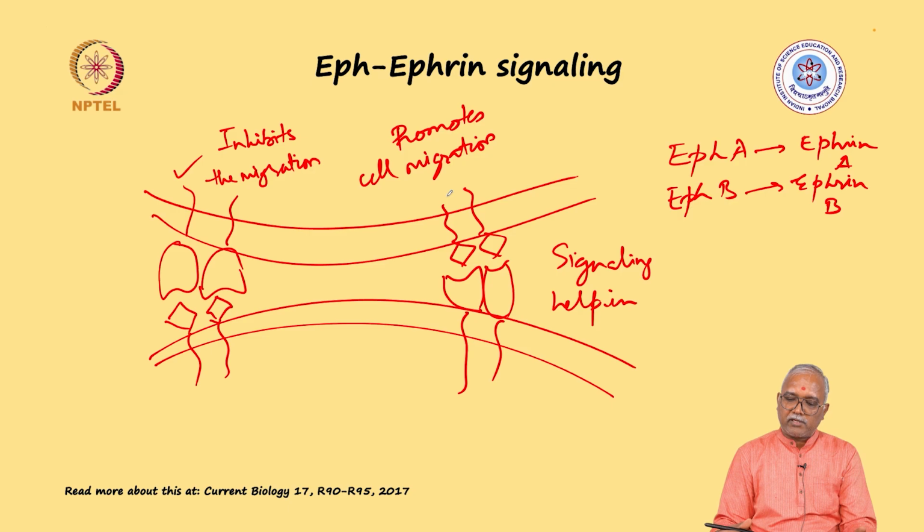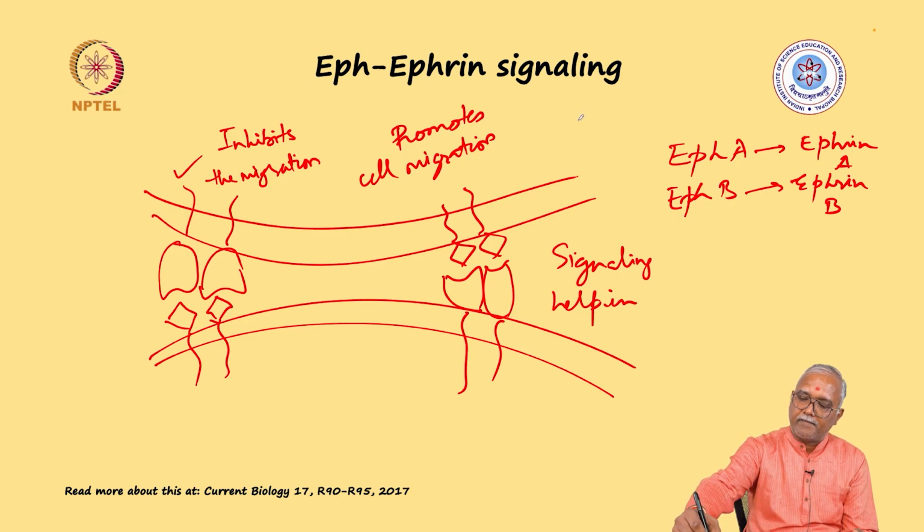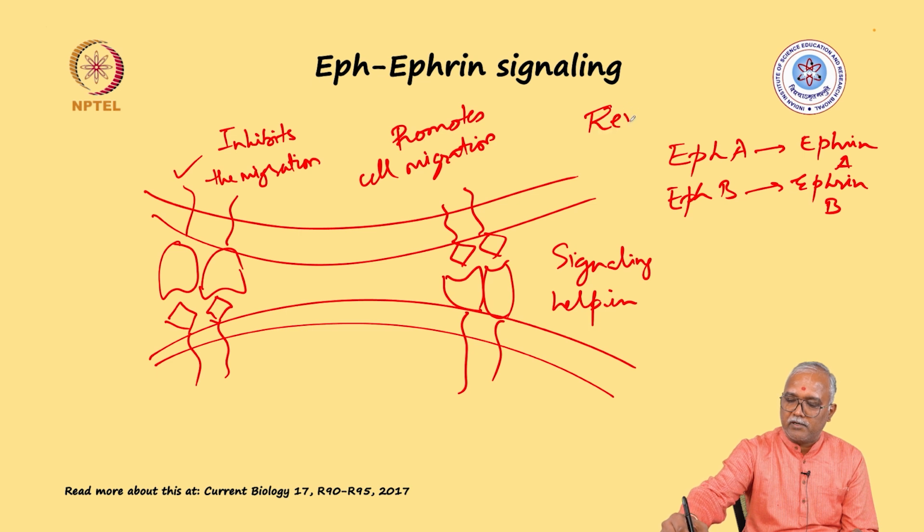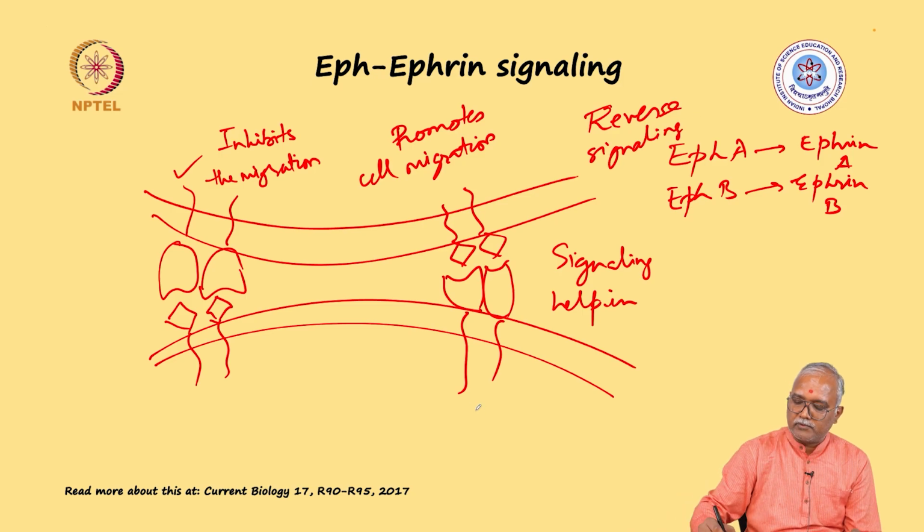Also, the process can happen in both cell types, the cells which are doing the reverse signaling or the ones which are doing the forward signaling.